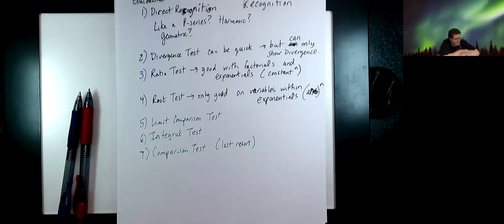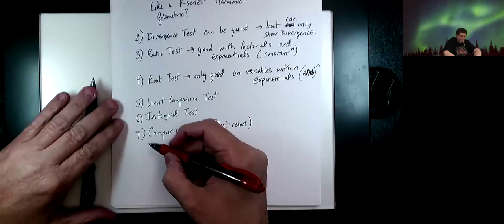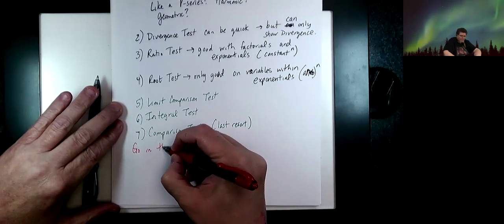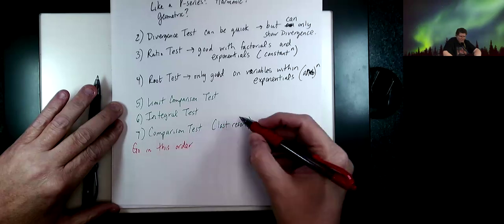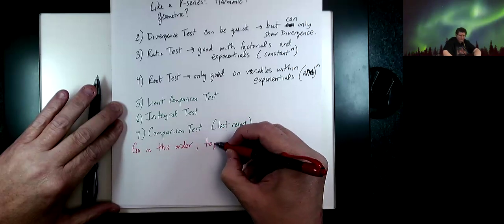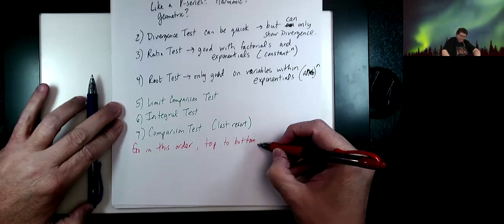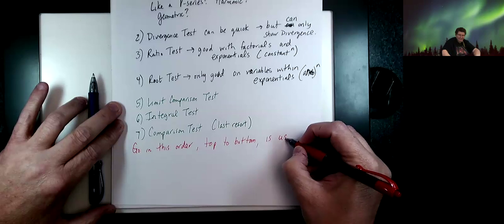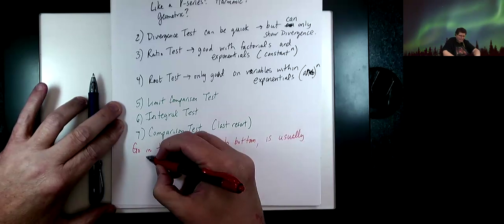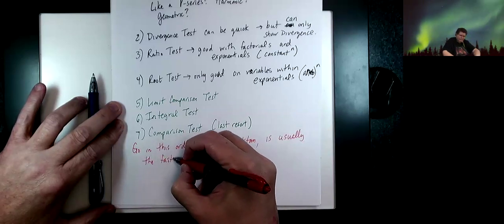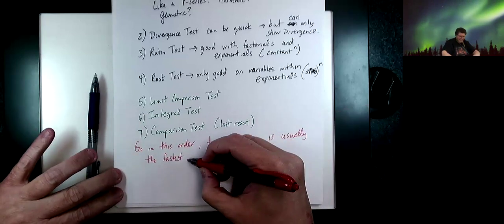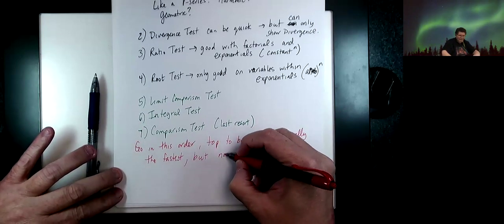Generally, if you can do the comparison test, you can probably do the limit comparison much easier. Go in this order, from top to bottom. It is usually the fastest, but it's not mandatory.